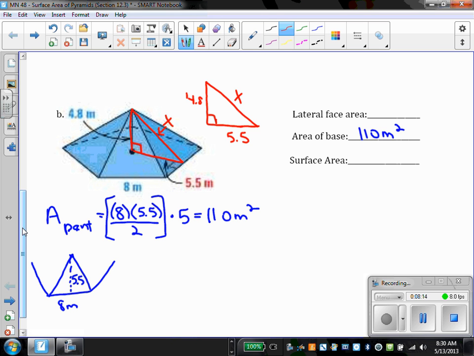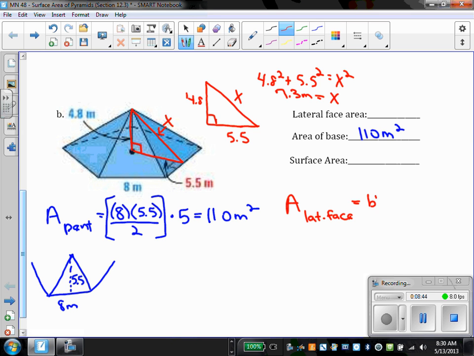Another quick Pythagorean theorem calculation will give us the hypotenuse that we would like. When you use the Pythagorean theorem to find that, you'll find that you have a hypotenuse, or a slant height, of 7.3 meters.